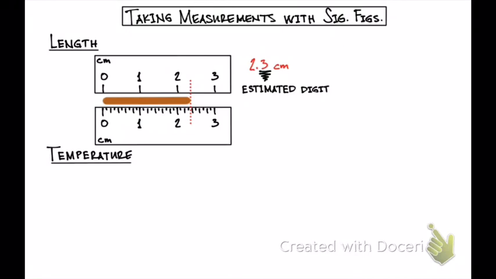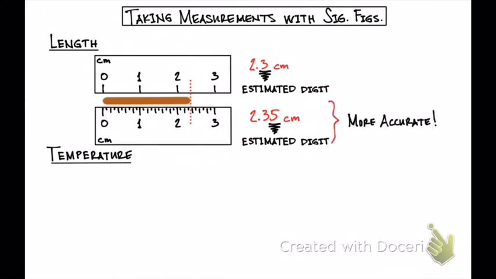It doesn't matter. As long as you have that estimated digit, it would be considered an acceptable measurement. And so, in any case, the 2.35 measurement is the more accurate measurement, which makes ruler B the more accurate tool in measuring the length of this rod.